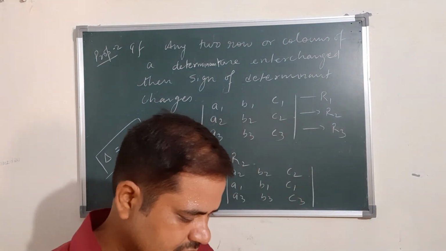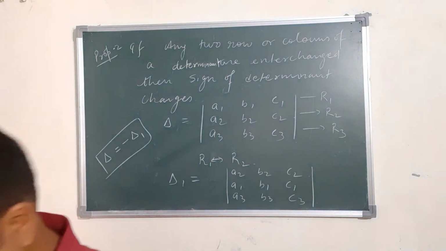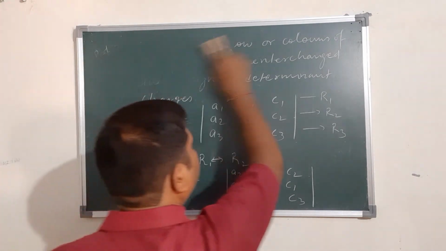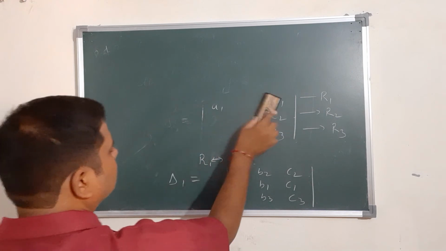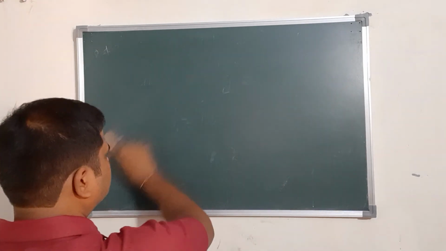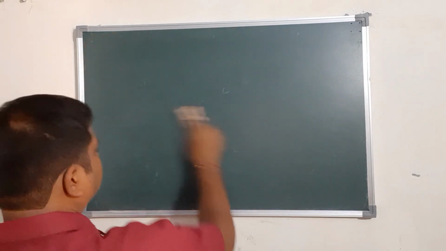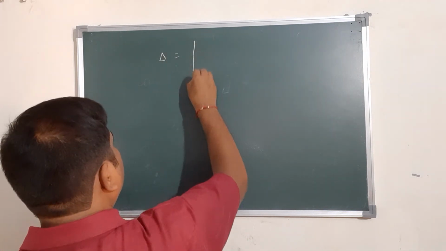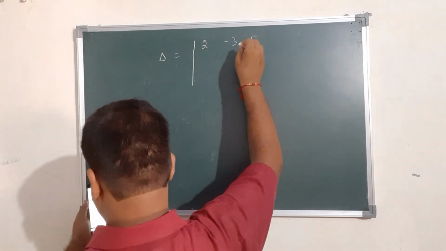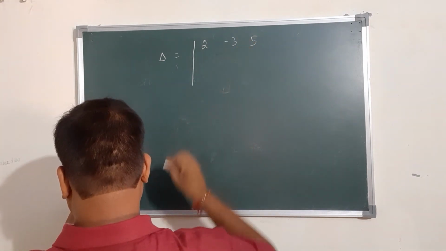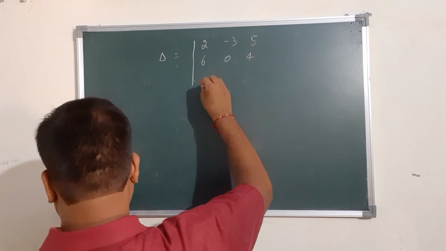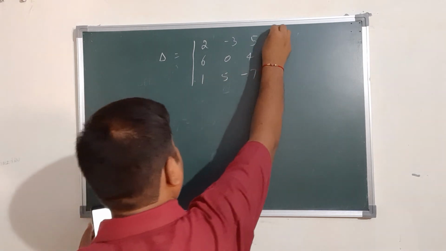Now verify it. Delta is equal to 2 3 2, minus 3 5 6, 0 4, 1 5 minus 7.